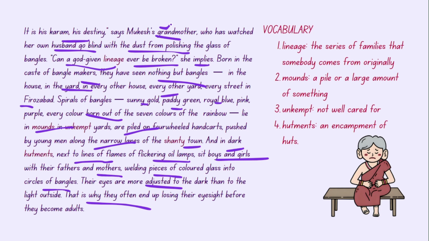They lie in heaps, they lie in large amount in every yard, which are not even well cared for. Then they are piled on four-wheeled handcarts, and they are pushed around by young men to sell them in the narrow lanes of the shanty town.